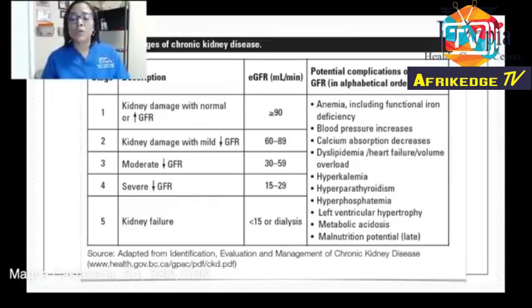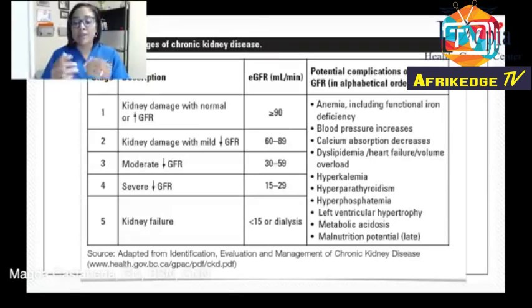The person could have stage 1 because they have, for example, one kidney, or the structure of the kidney is not normal. There are some scars in the kidney, some abnormalities. In that case, it's said that this person is on stage 1.